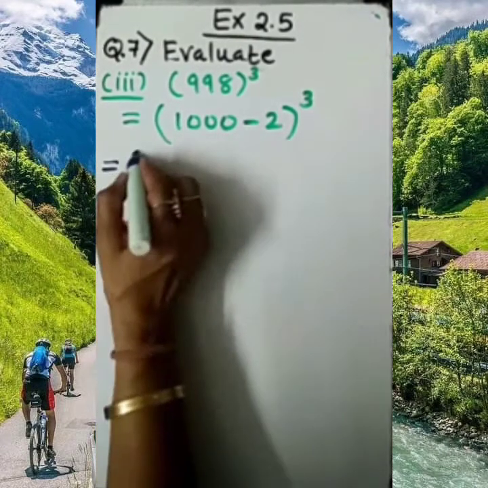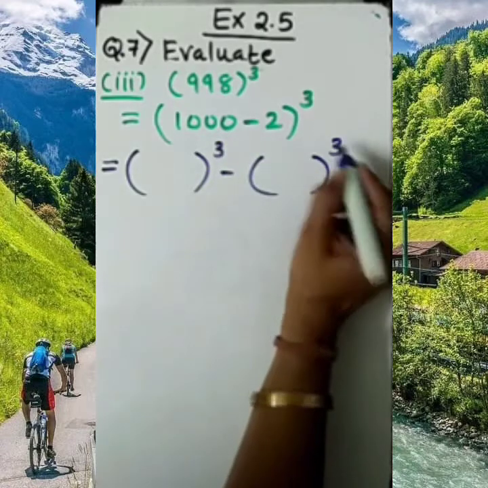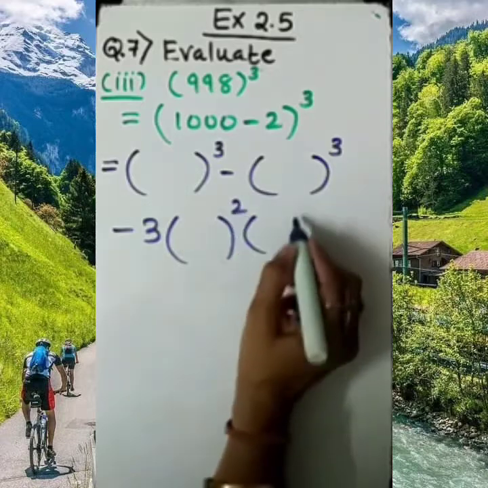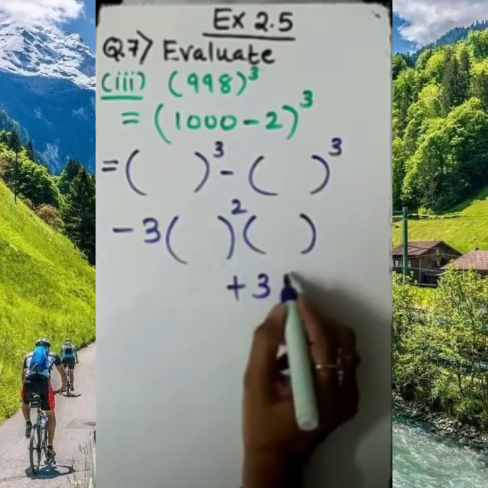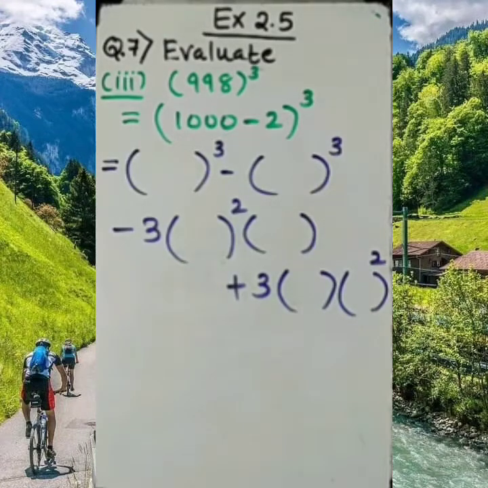For that, the identity is a cube minus b cube minus 3a square b plus 3ab square. If not, then you can apply the split identity also, that is a cube minus b cube minus 3ab in bracket a minus b. That is also correct. Whatever you feel comfortable, you can move with that.